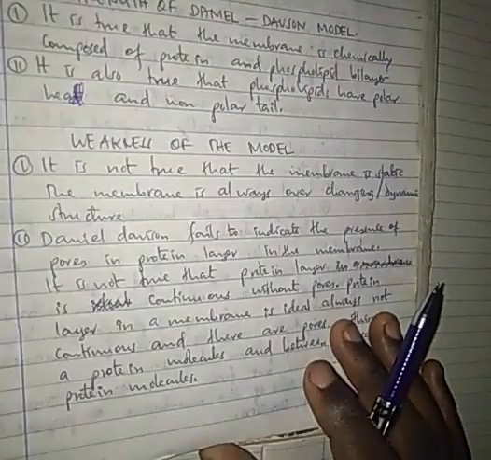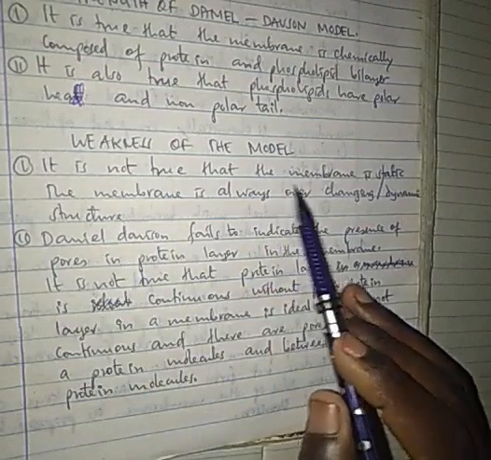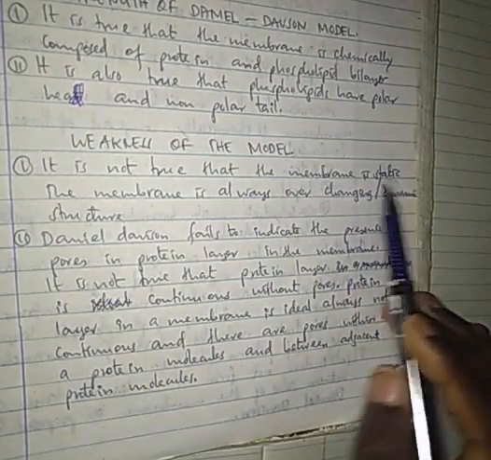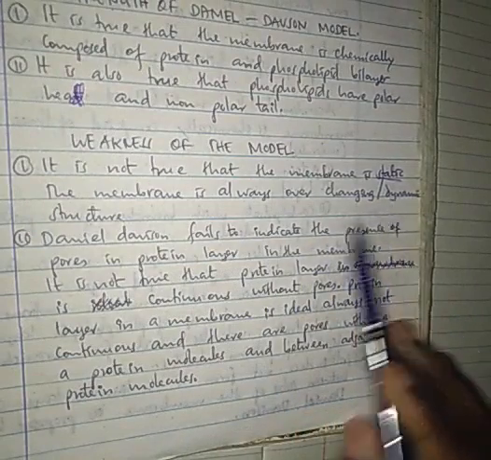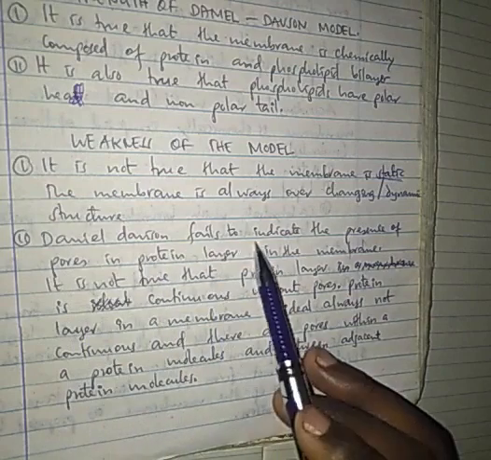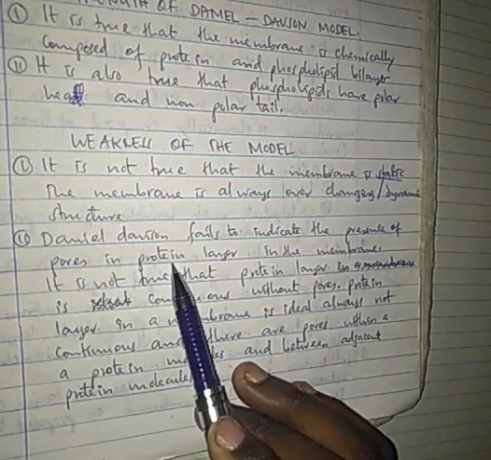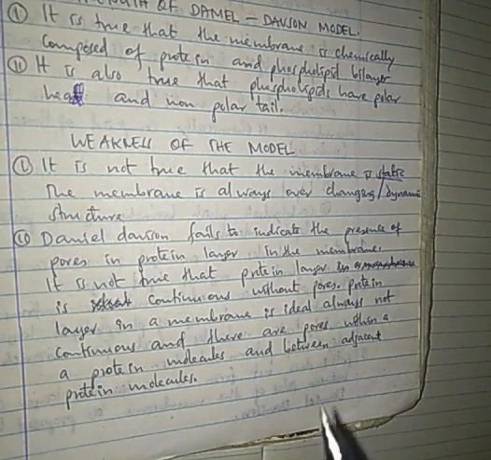These are true. But in the weakness of the Danielli Davson model, it is not true that the membrane is static. The membrane is always changing, a dynamic structure. The second thing, they failed to indicate the presence of pores in the protein layer in the membrane. They said the protein is continuous, while it is not continuous.